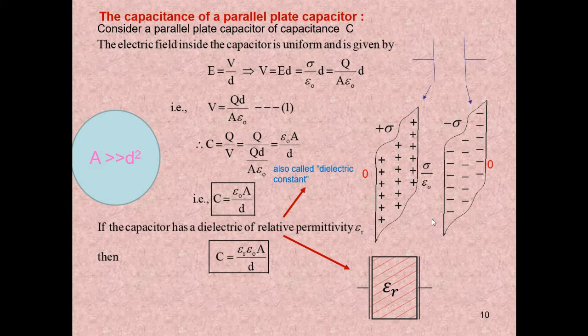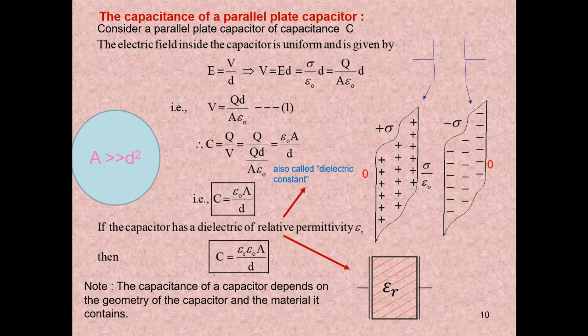Here the diagram is not shown, so you can write here itself: D distance between the plates, A area of the plates. Okay, we'll go to the next one. This is also important.